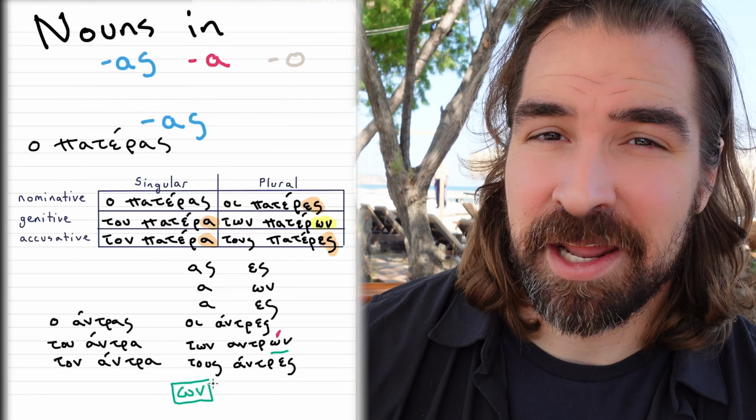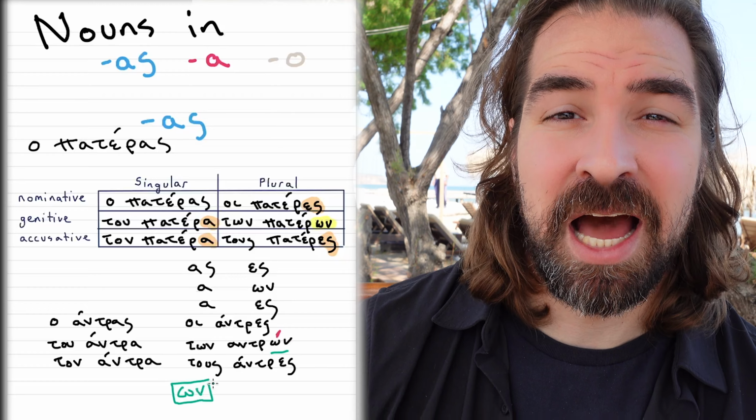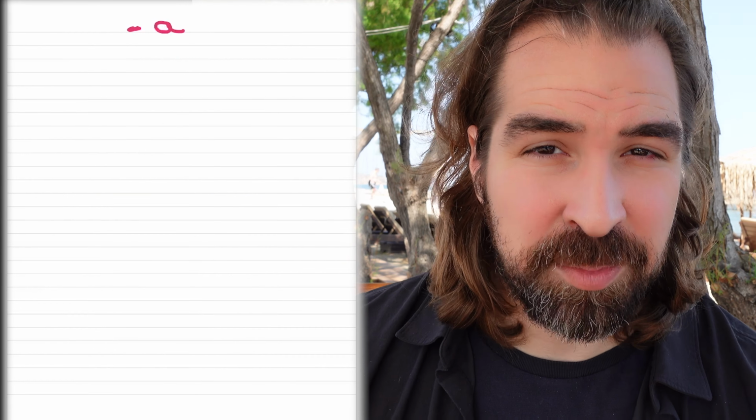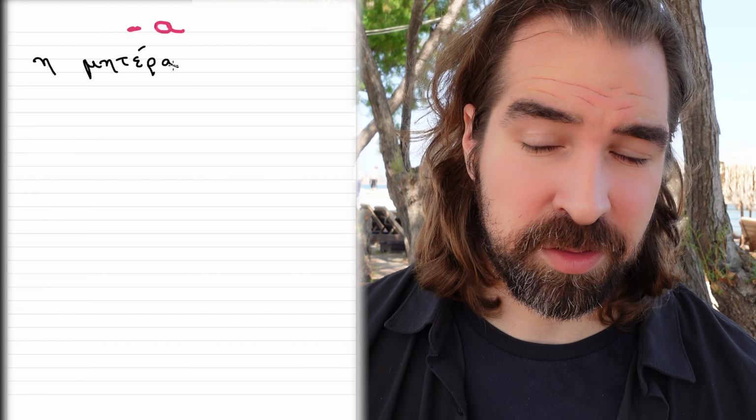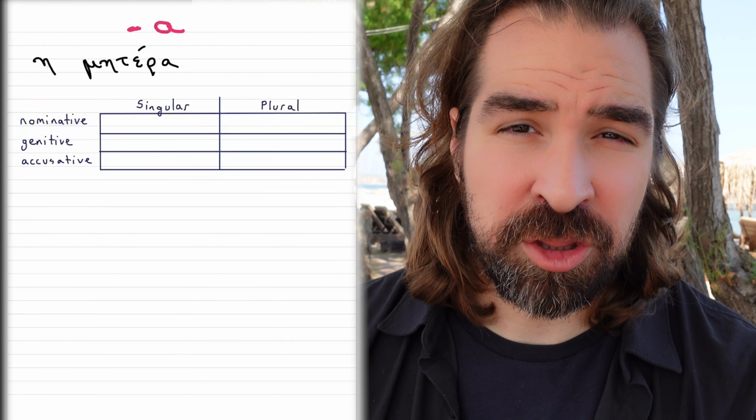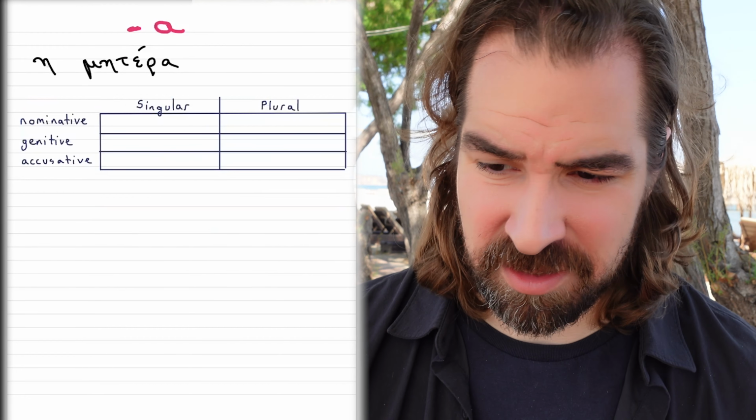Let's now look at feminine words that end in alpha. One very common example is the word μητέρα. Η μητέρα means mother. And the word μητέρα declines like this.